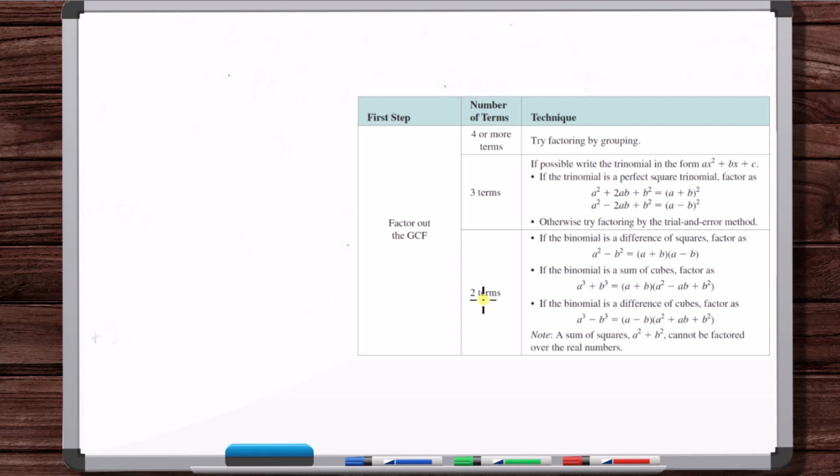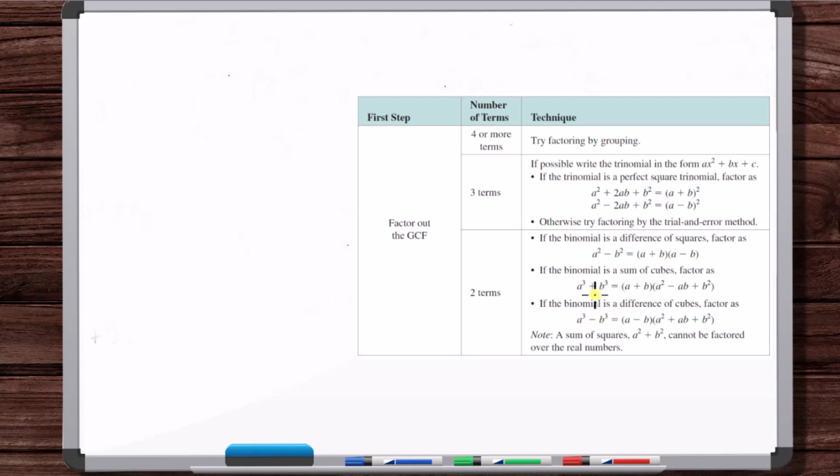All right, what if you have two terms? What do we do? Well, in this case, there's no trial and error method. If you have two terms, then you're going to be looking towards one of three equations. Out of this, a squared minus b squared, the difference of squares, a squared minus b squared is a plus b times a minus b, or the sum or difference of cubes.